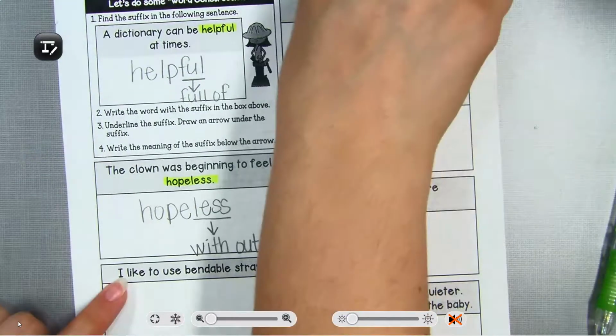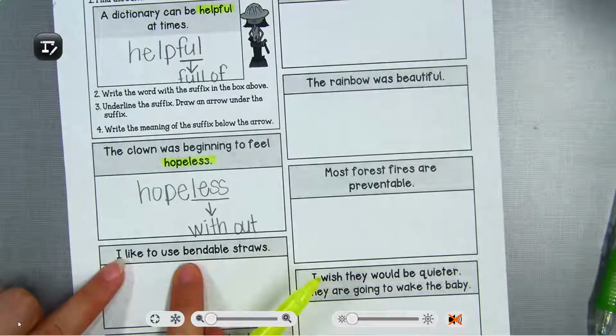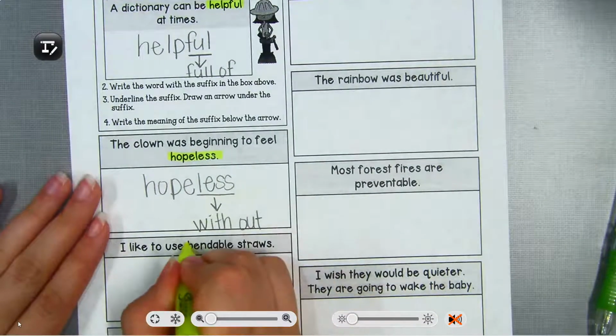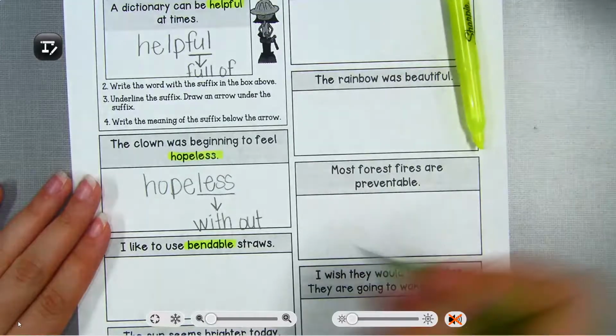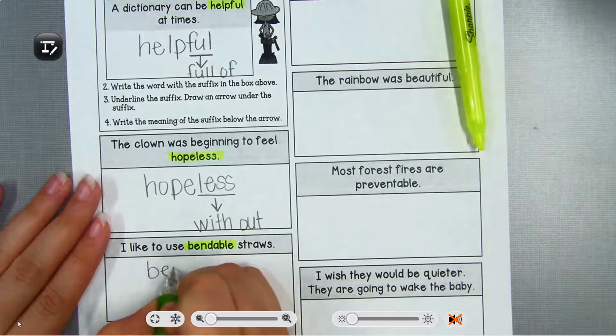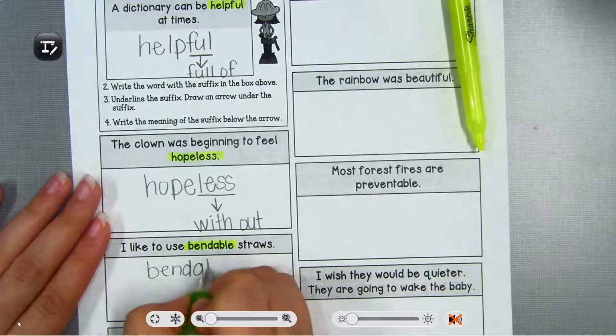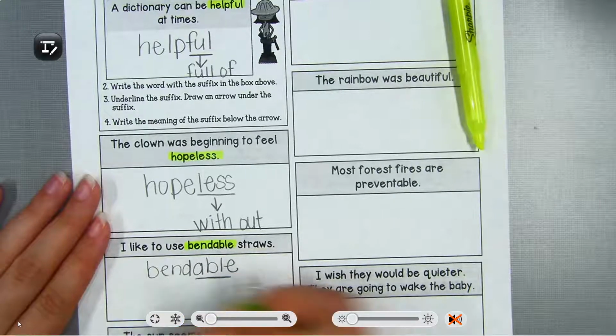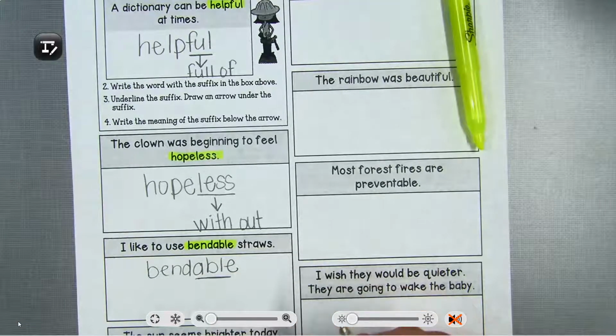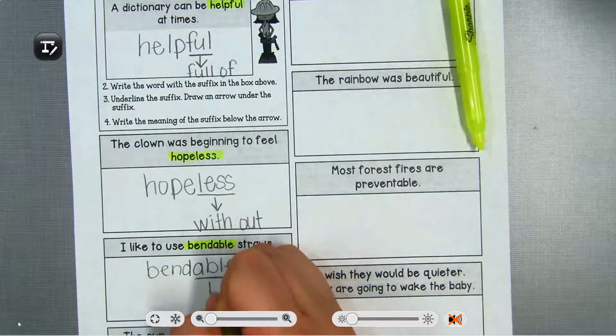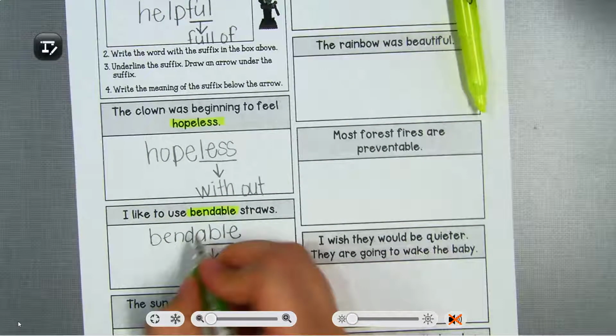Okay. I like to use bendable straws. So bendable is my word. I'm going to underline able, bendable, and that means able to.